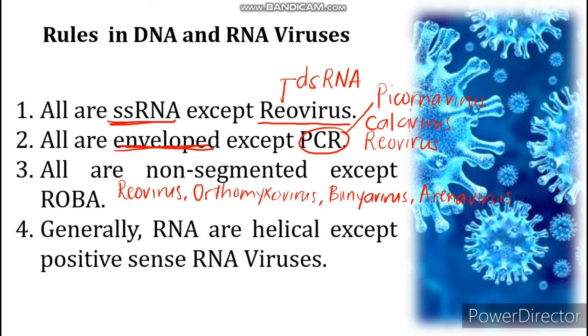So again, all RNA viruses are non-segmented except your ROBA: reovirus, orthomyxovirus, bunyavirus, and arenavirus. And lastly, generally, RNA viruses are helical in shape except all positive sense RNA viruses.